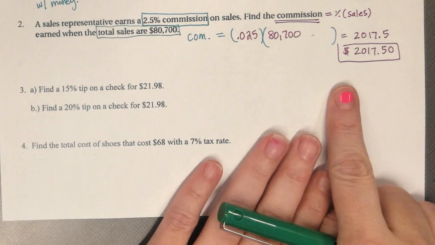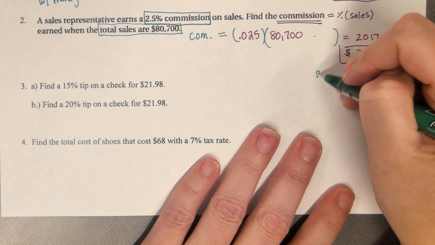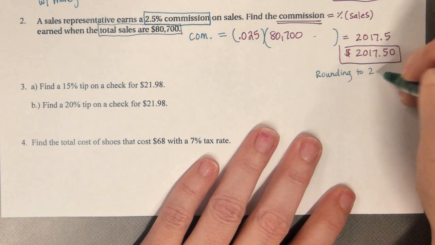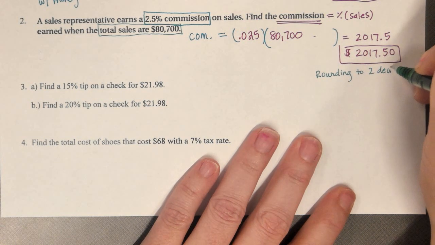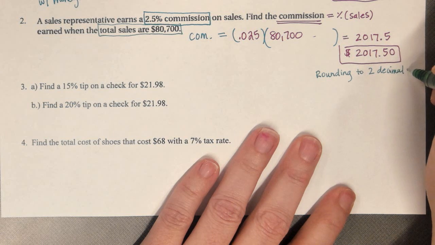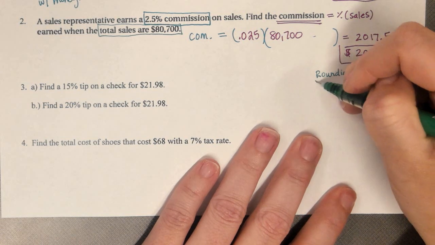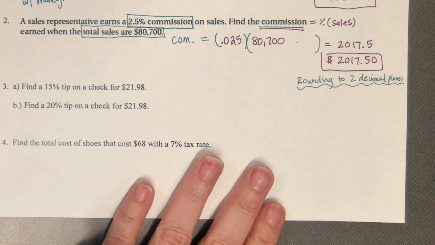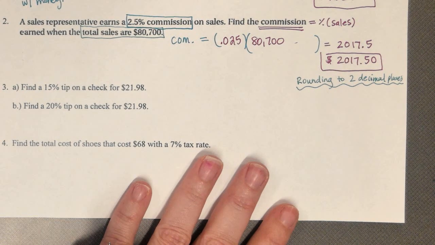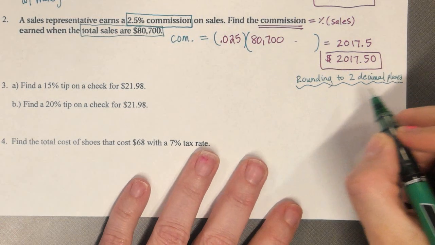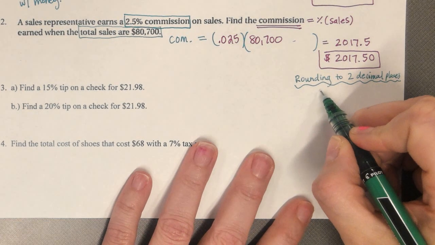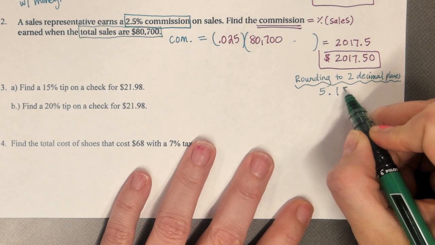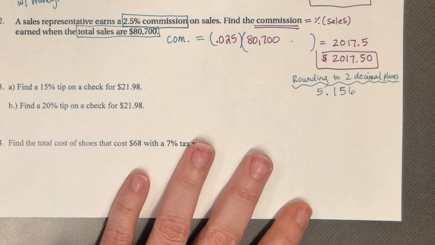So right here, we're just going to write our rounding rules when you're rounding to 2 decimal places. When you're rounding to 2 decimal places, do you guys know what number you look at? Like if you have 5.156.